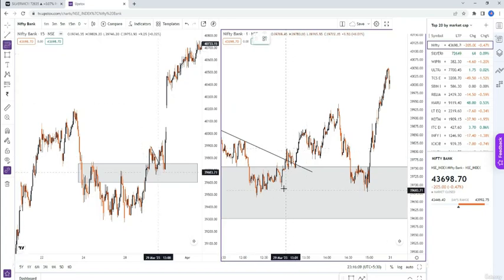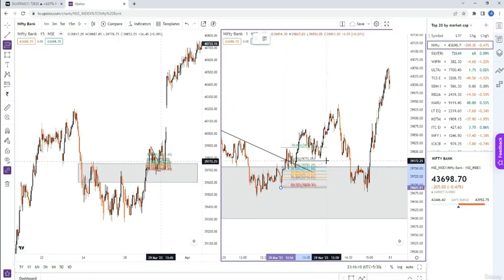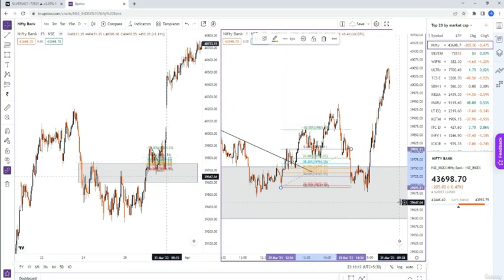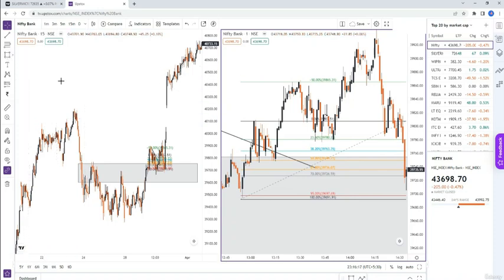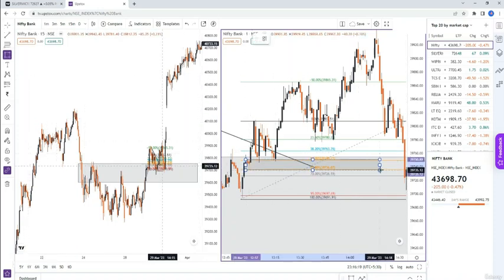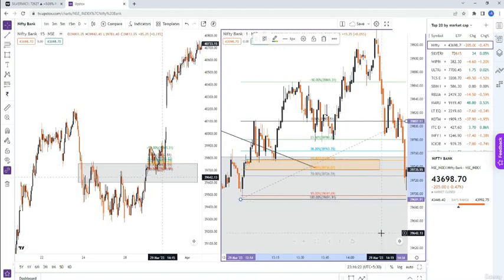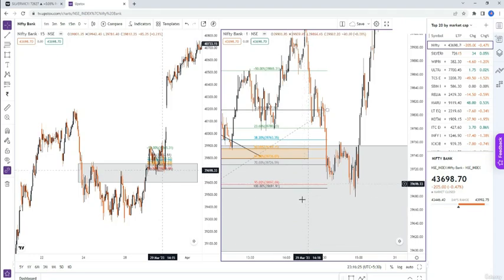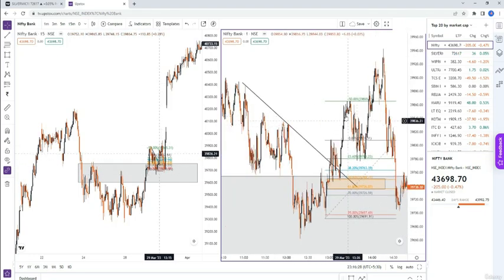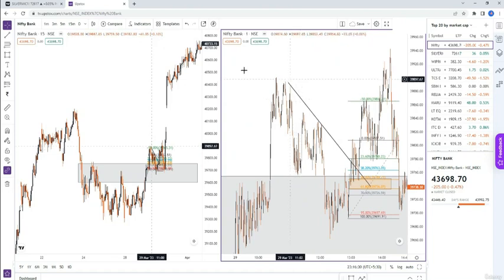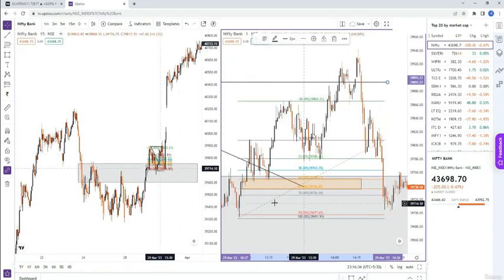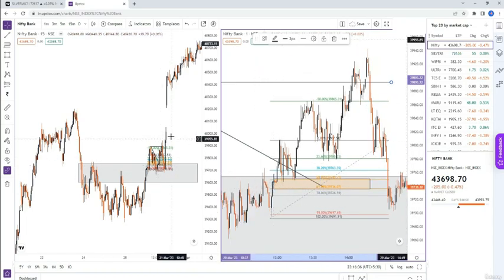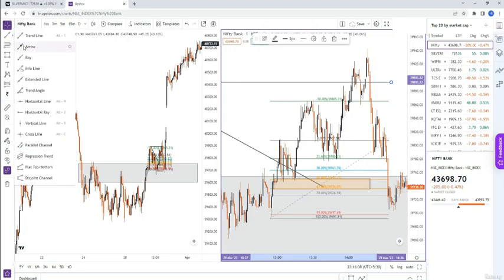And those who simply draw the Fibonacci got a beautiful entry at this level. The stop loss is here, 95%. Before hitting the stop loss, we cleared all the targets. Extreme risk to reward.